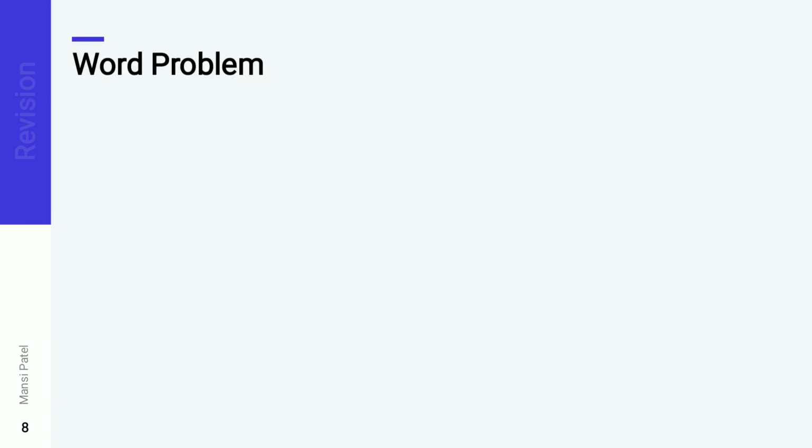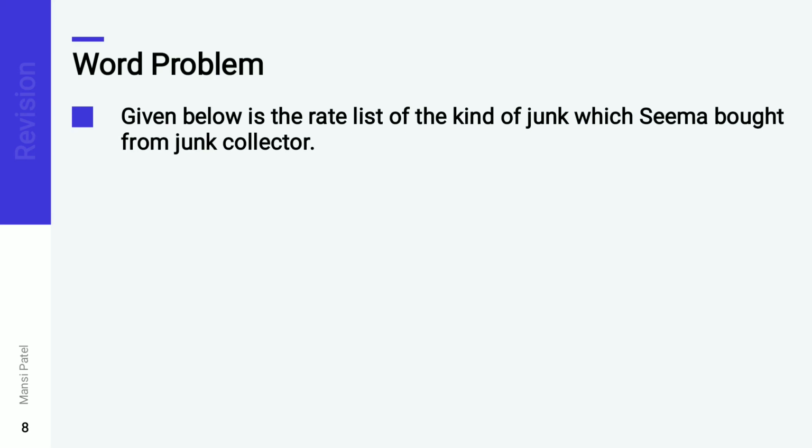Now see the next one. That is also a word problem. Given below is the rate list of the kinds of junk which Seema bought from the junk collector. See here, for the junk of cotton wool, she gets rupees 150.